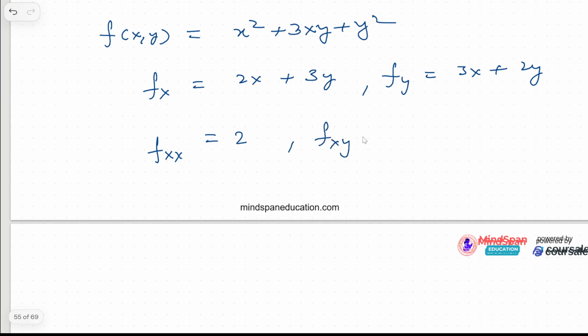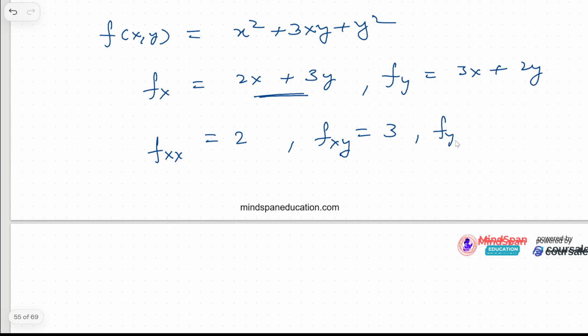Similarly, if we calculate fxy, means for the same fx, we are going to calculate the second order partial derivative with respect to y, okay, for the same function. Then we will get 3. Since this is our fx and we are going to partially differentiate with respect to y, then x will become the constant, right? So 2x will vanish and we will get only 3, right?